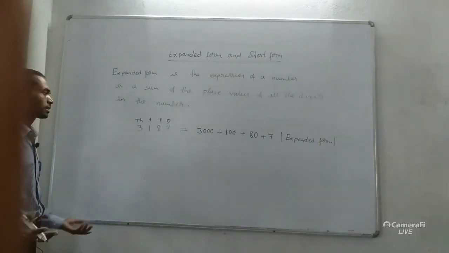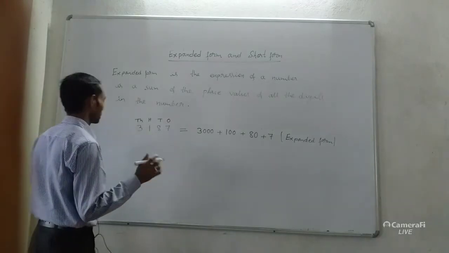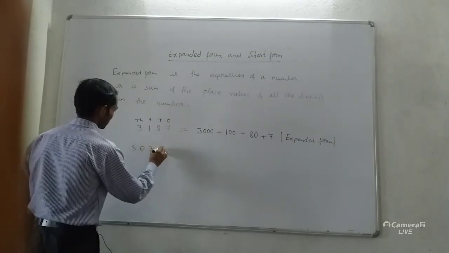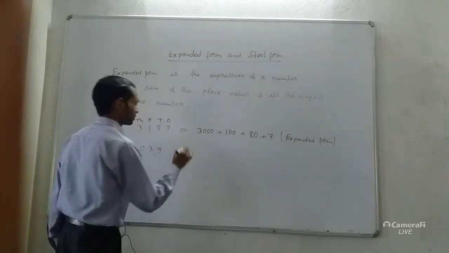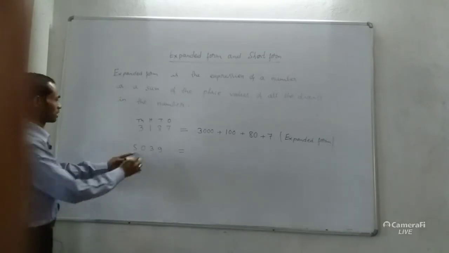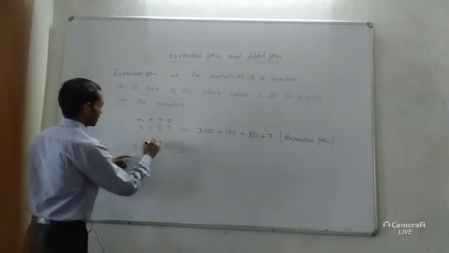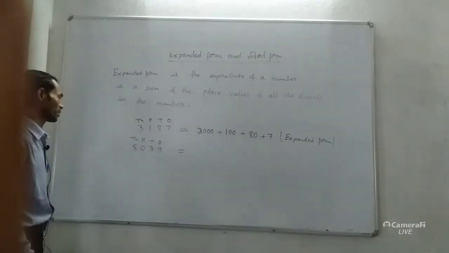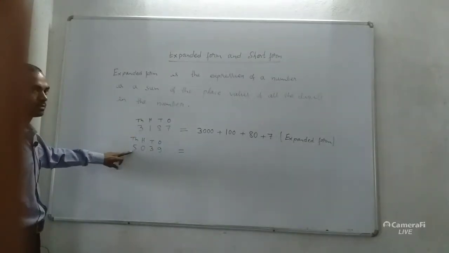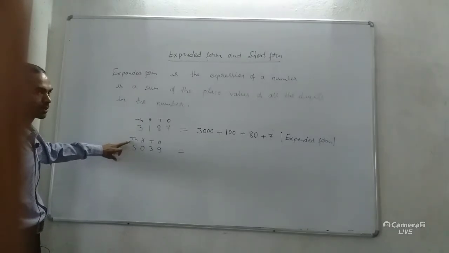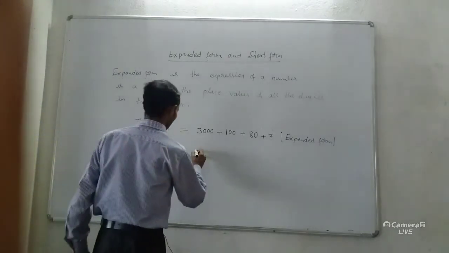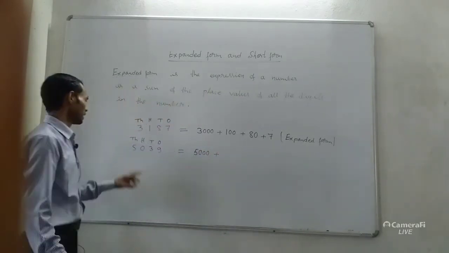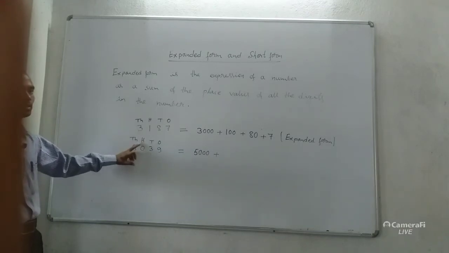Okay. Let us take the expanded form of another number. In this case, it is the ones place, 10's place, 100's place, 1000's place. So first we will take 5, which is at the 1000 place. So its place value is 5000, plus the next digit is 0 at the 100 place.